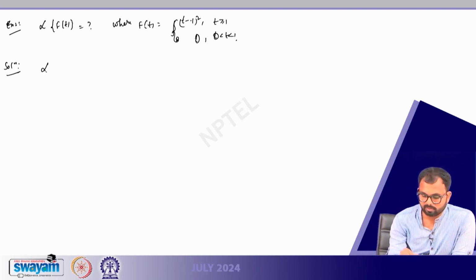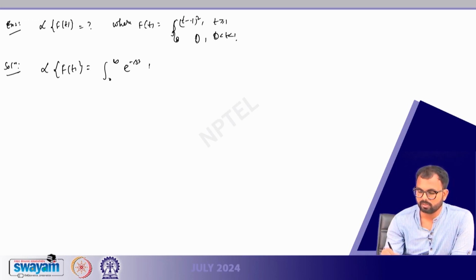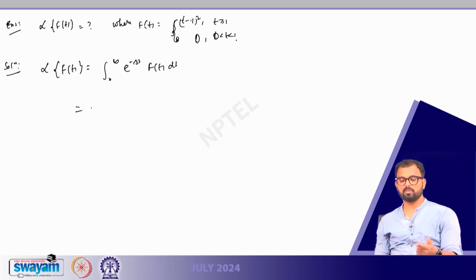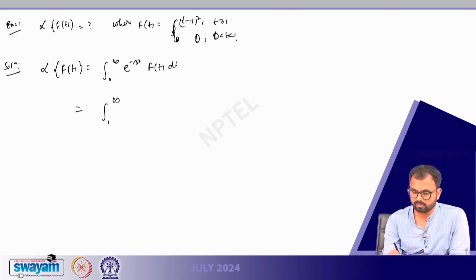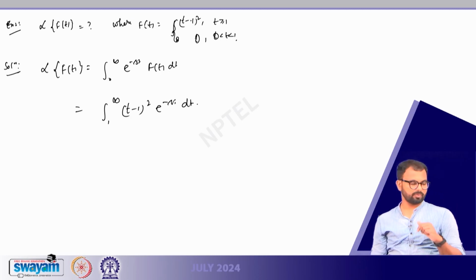So, this is again very simple. The Laplace transform of f(t) will be the integral from 0 to infinity of e to the power minus st f(t) dt. Now, when t is between 0 and 1, it is always 0, and from 1 to infinity we have (t minus 1) whole square e to the power minus st dt. That means it is defined from 1 to infinity.